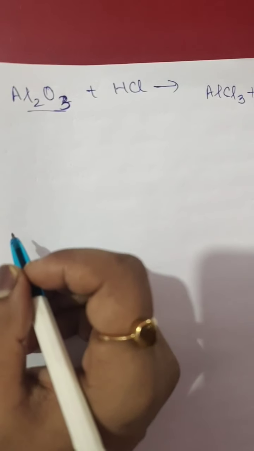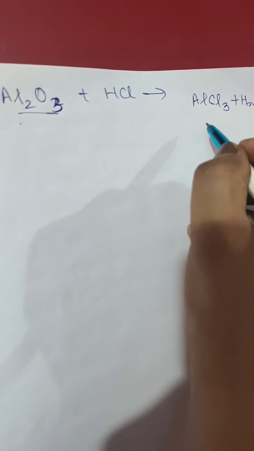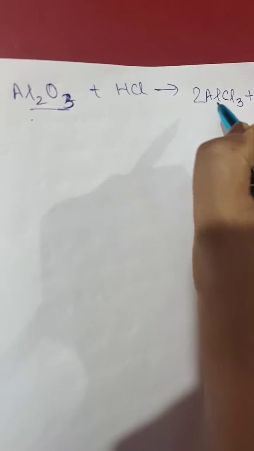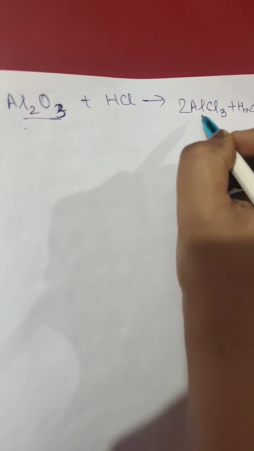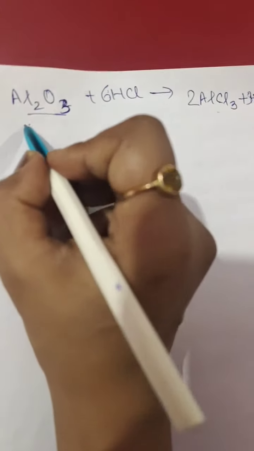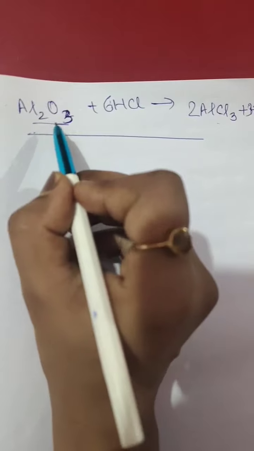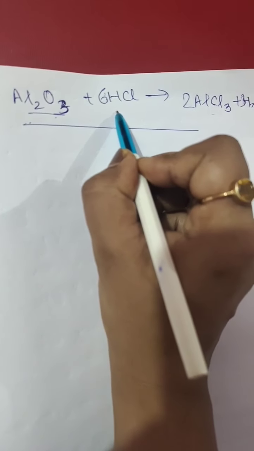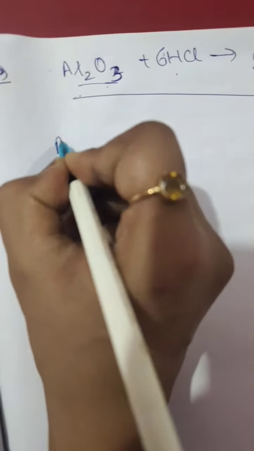We'll balance this reaction. Al2O3 plus 6HCl gives 2AlCl3, so chlorine is now 6, so we write 6 here, and it will be 3H2O. So here we can see that when this metal oxide reacts with acid, we get metal salt and water. Now when it reacts with base.